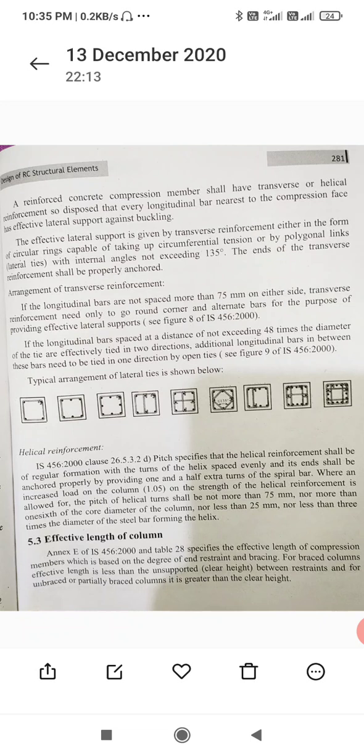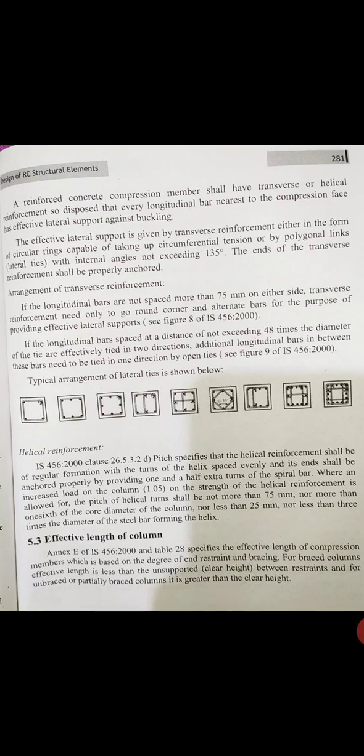Arrangement of transverse reinforcement: if the longitudinal bars are not spaced more than 75 mm on either side, transverse reinforcement need only go around corner and alternate bars for the purpose of providing effective lateral support, as per IS 456-2000. You can refer to figure number 8.